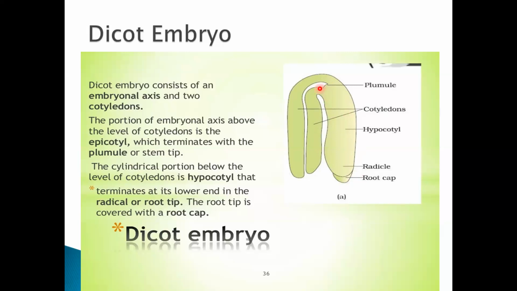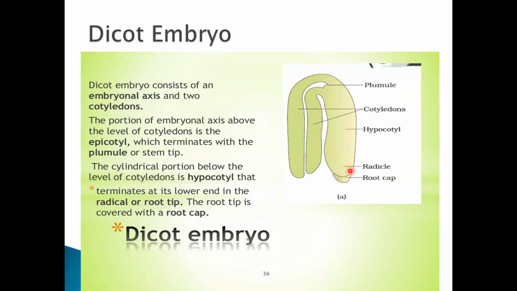The embryonal axis above the level of the cotyledons is the epicotyl, which terminates at the plumule, the stem tip, from where the stem or shoot arises. The cylindrical portion is the hypocotyl, which terminates at the end of the radicle, covered with the root cap.